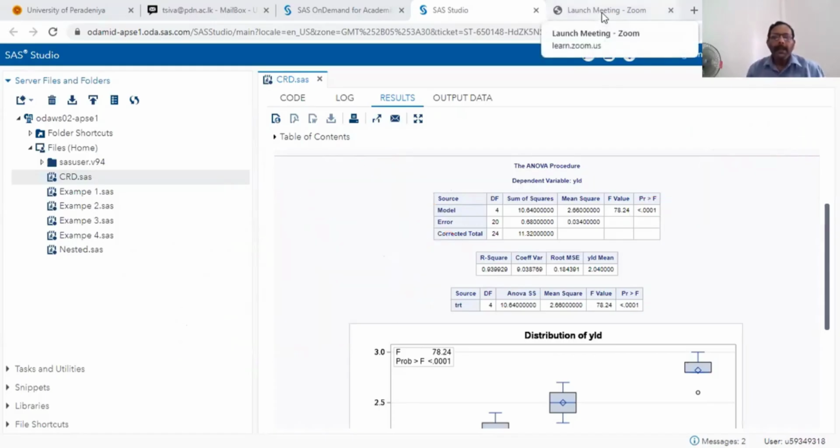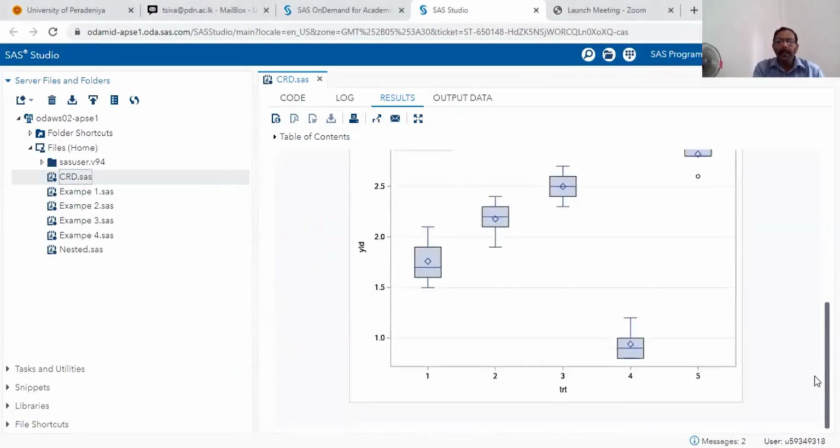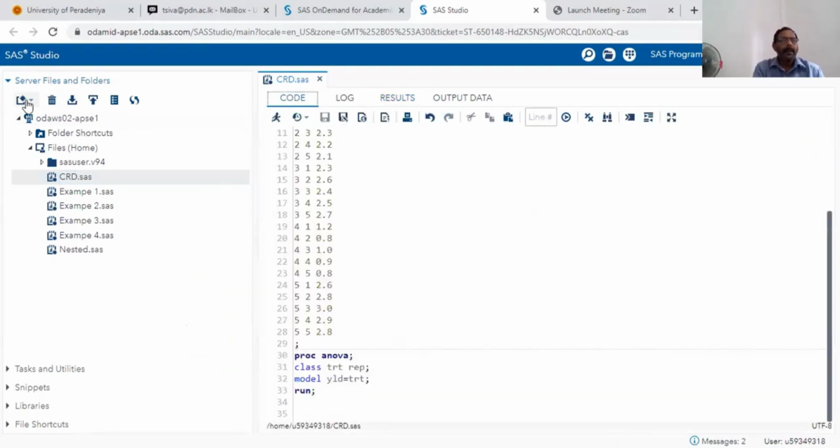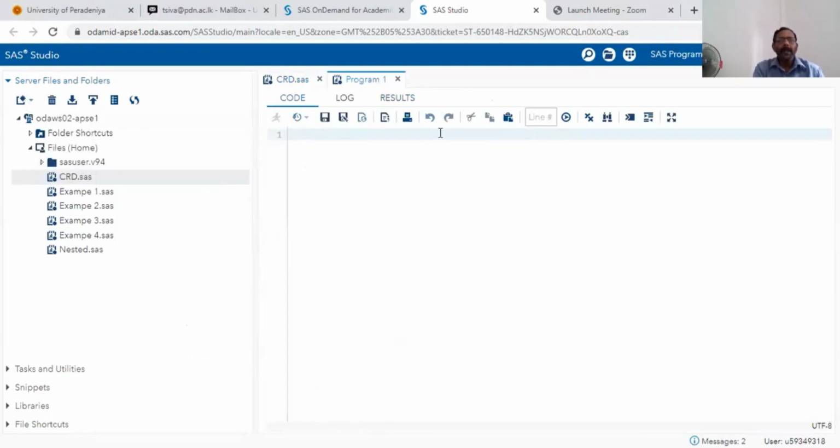So talking about that, then any questions? We will go to the next one. Any questions? Right, I will start with a new sheet. We will go for the next one.